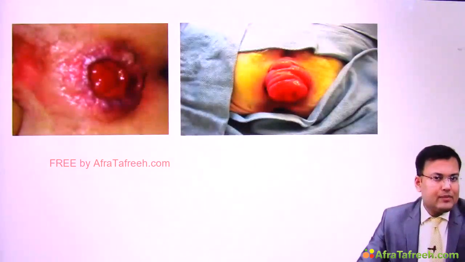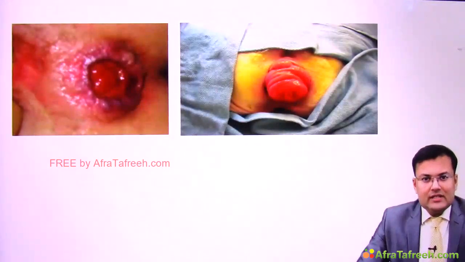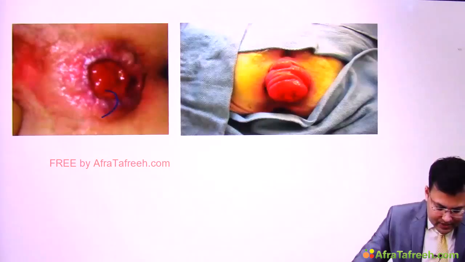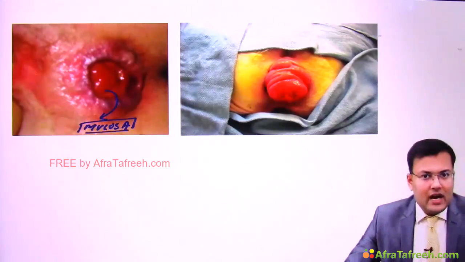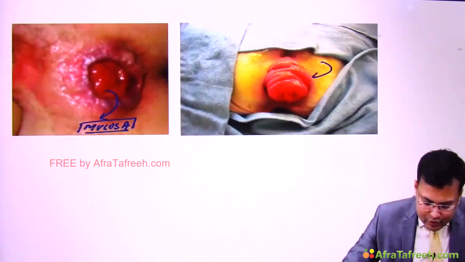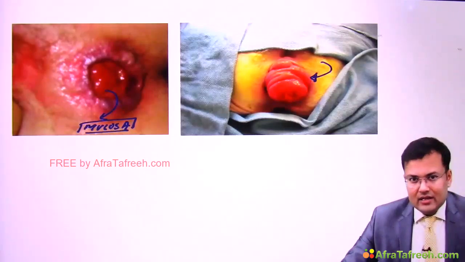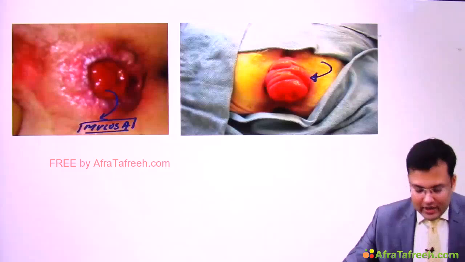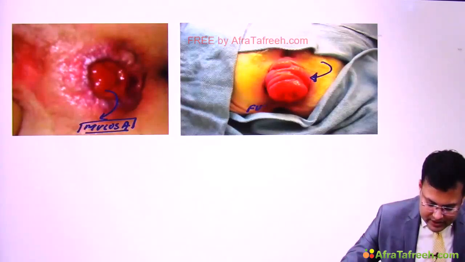Now see the images and tell me the diagnosis. So here you can see there is prolapse of rectum. So this is rectal prolapse. In the first picture there is prolapse of only mucosa, so it is known as mucosal prolapse. And whenever there is prolapse of all the three layers, mucosa, submucosa, muscularis, when the whole thickness is coming out, this is known as full thickness prolapse.